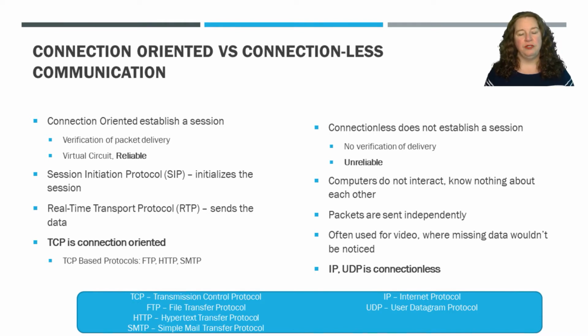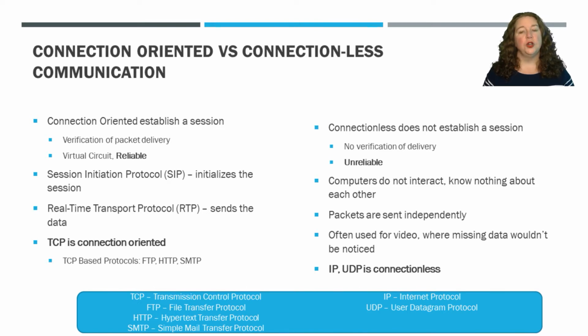Yes, everybody refers to TCP IP in one phrase, like they're the same thing. They're not. TCP is a connection-oriented protocol, and we create a session and we do reliable transmissions. I know if you got it or not. There's a verification of data. That's the stuff over on the left.